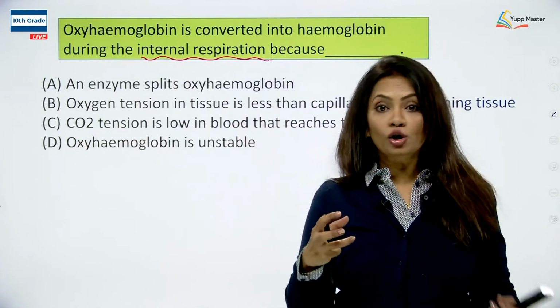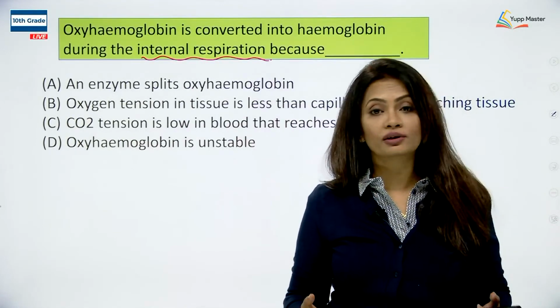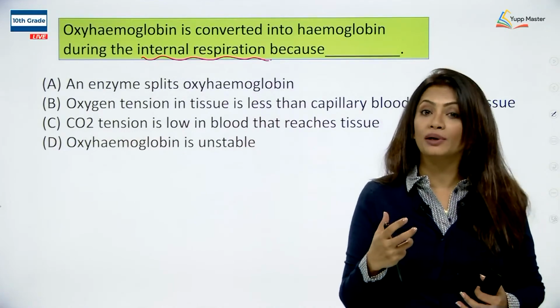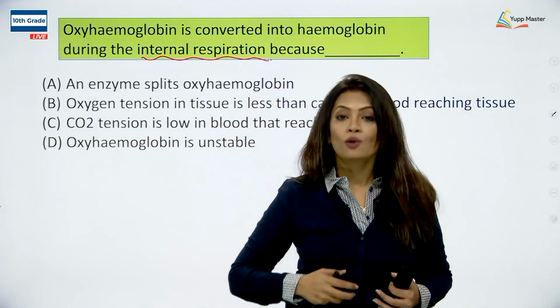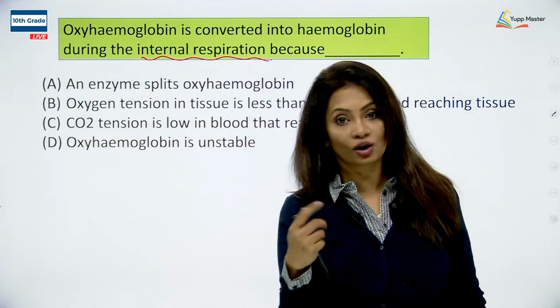But if hemoglobin is going to hold on to that oxygen really tightly, then the tissues would never get it. That's why oxyhaemoglobin which is formed is a compound which is highly unstable, which means that it will give off oxygen as and when the body will require it.